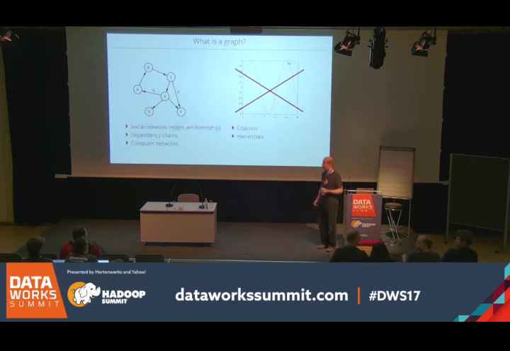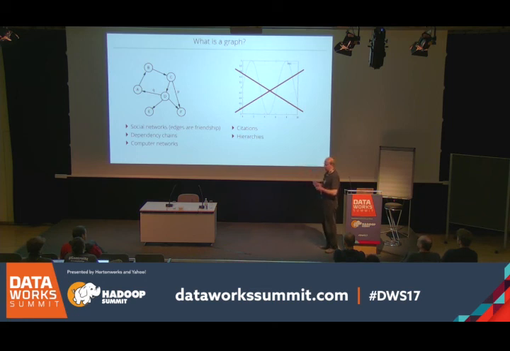Graphs do occur naturally. So for example, typical social networks are graphs. Followers on Twitter. So the people would be the vertices, and there would be an edge if somebody is following somebody else. But you can have dependency chains if you have certain things which depend on each other, packages in a Linux distribution or whatever.